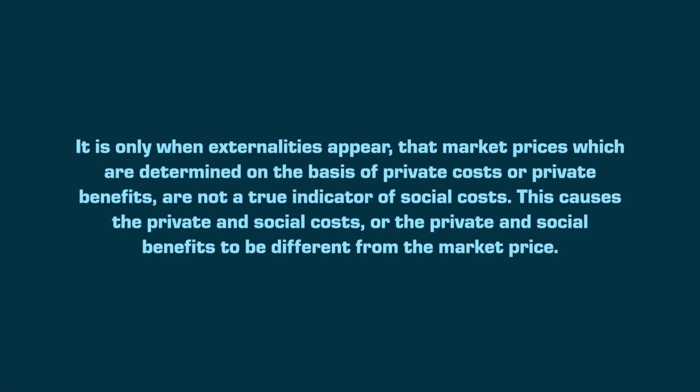It is only when the externalities appear that market prices, which are determined on the basis of private cost or private benefits, are not a true indicator of social cost. This causes the private and social cost or the private and social benefits to be different from the market price.